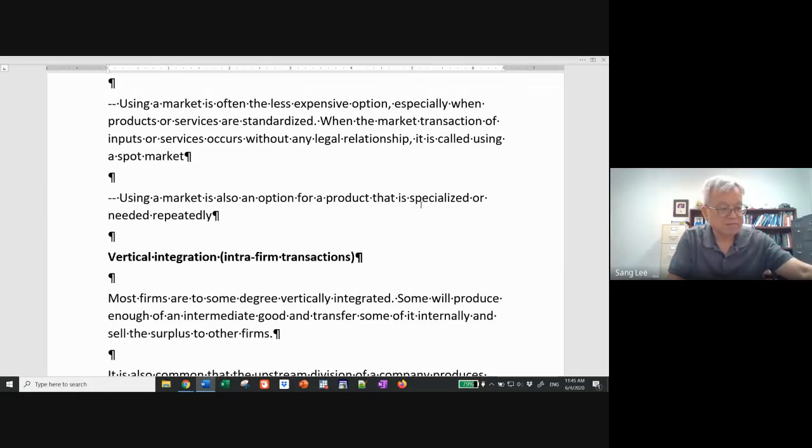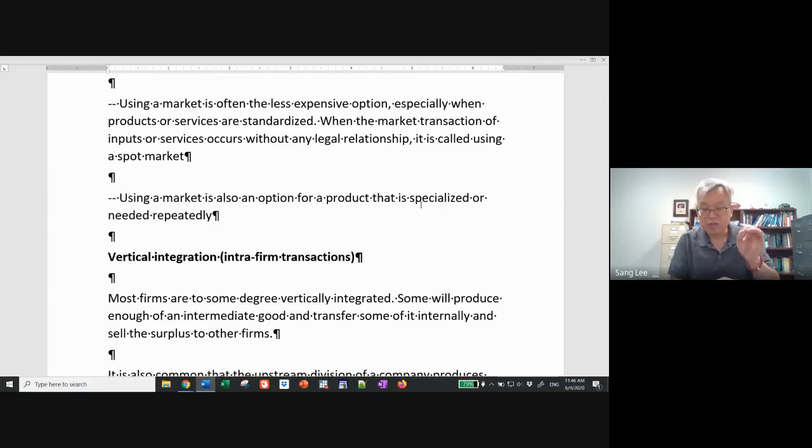Okay. So just to remember this, using a market is the option to replace vertical integration. And using a market is often a less expensive option when it is standardized. And then in that particular case, when you can buy something from independent sellers or suppliers without any legal contract, we call that using a spot market.